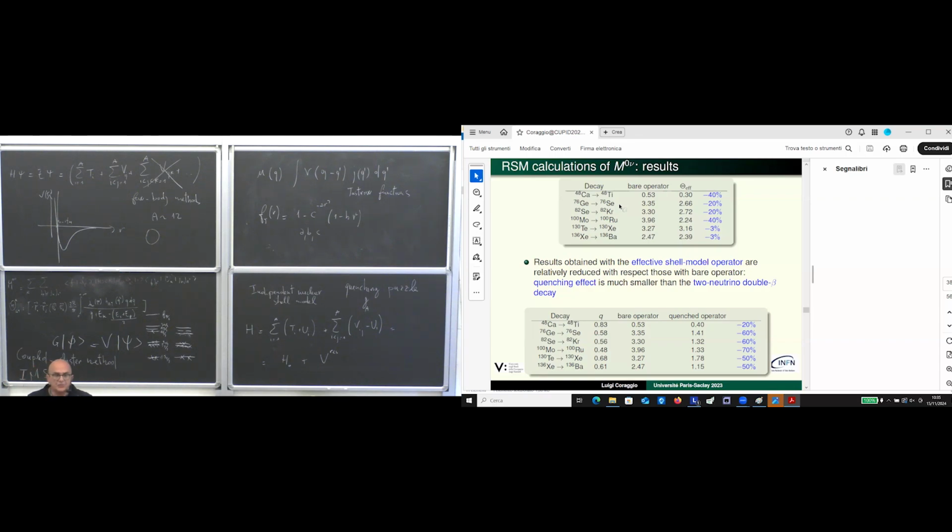Why muon capture? Because it's a beta decay essentially, a Gamow-Teller transition, but it deals with a particle, the muon, that is much heavier than the electron. Then the range of energy of this process is consistent with the neutrinoless double beta decay.